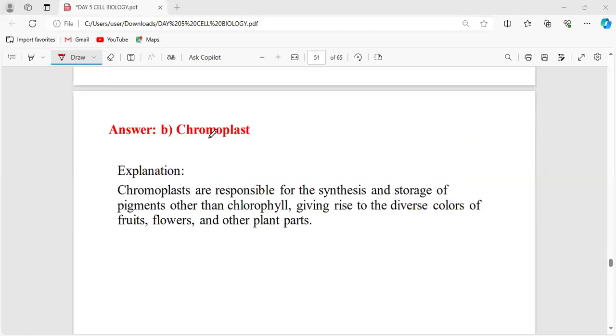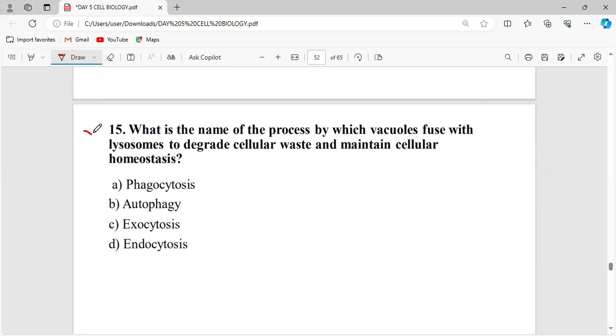See, that will be the chromoplast. This is the one responsible for the synthesis and storage of pigments other than the chlorophyll. This is the one that gives rise to diverse colors. This is the one responsible for giving colors to parts of the plants.